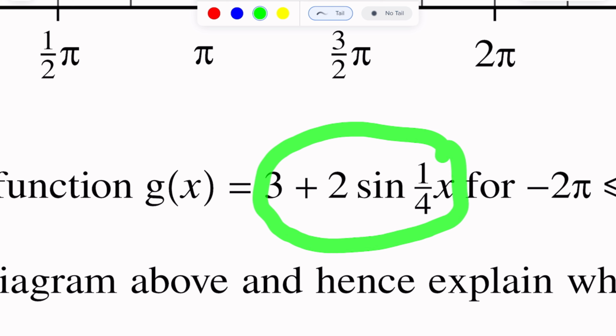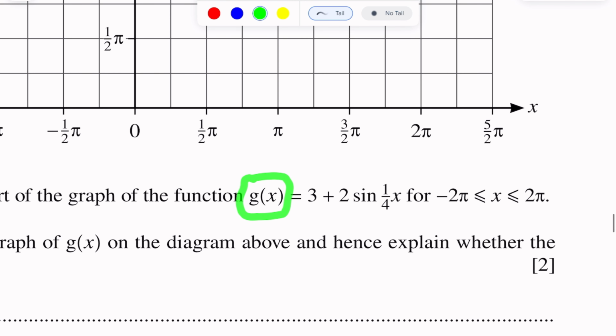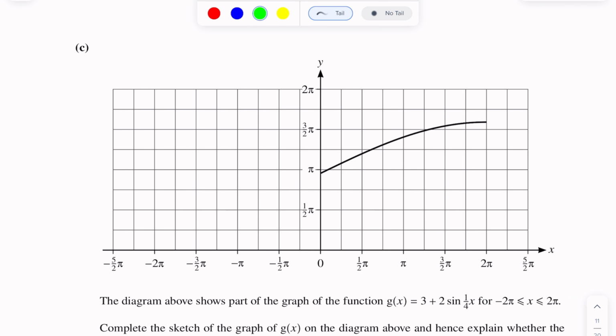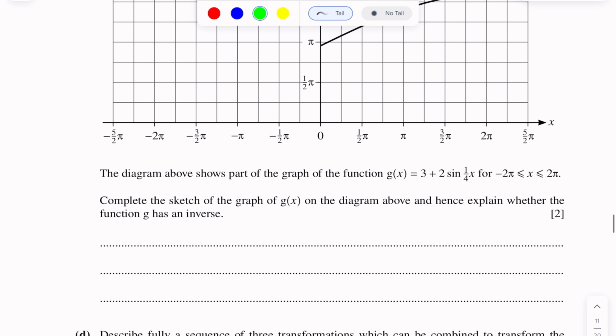The function is the same, but in this part the graph function is represented by g(x) for minus 2 pi to 2 pi.